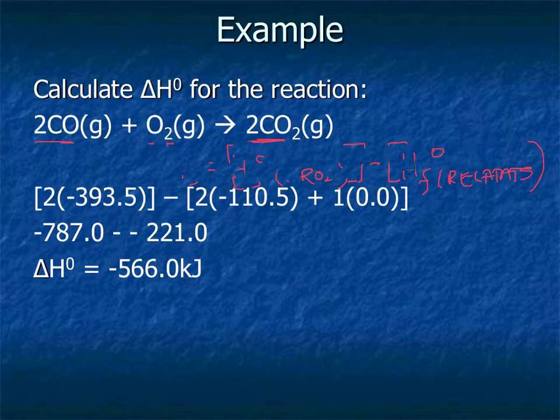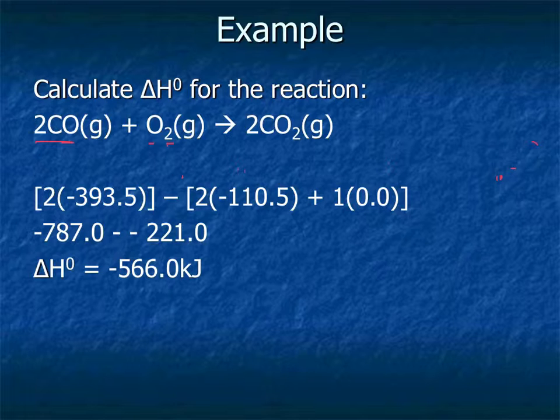So let's erase this to make ourselves a little bit more neat. And so that's how we do this. First of all, we have to identify the products and reactants in this equation. And the products are, as you know, CO2 is our product, and the 2 reactants are CO and O2 gas.